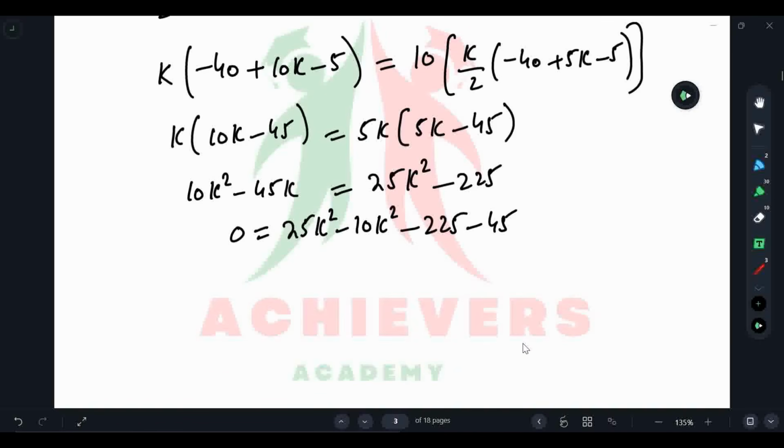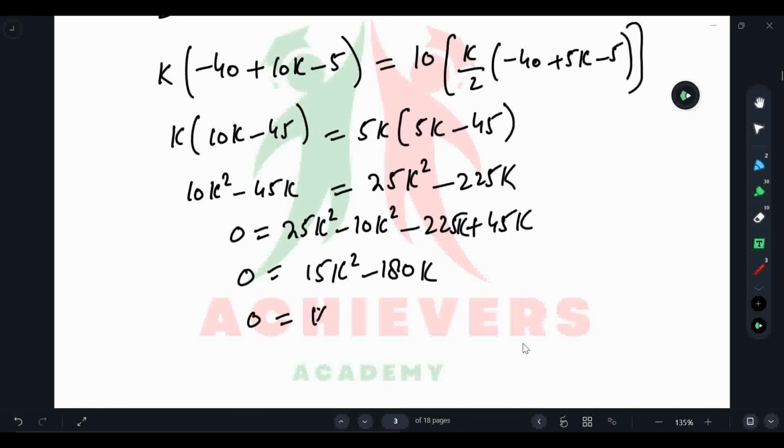So this will be 0 is equal to 15k square minus 180. Okay, this should be plus now. So minus 180k. Okay, there will be k here. Now we will take 15k as common.